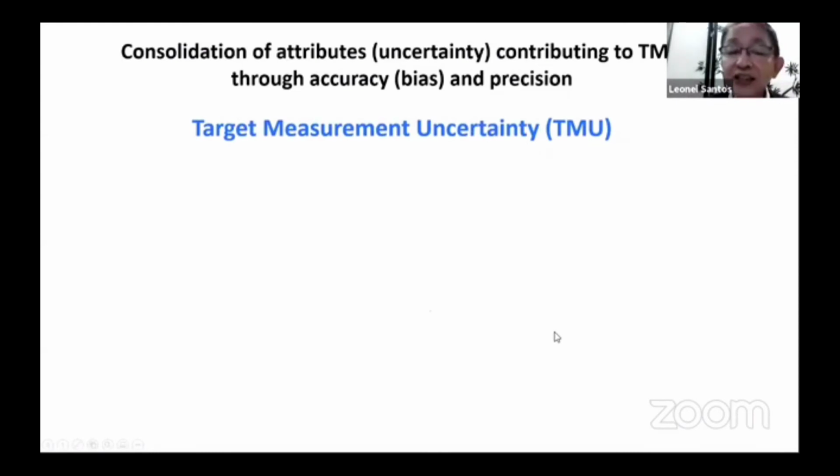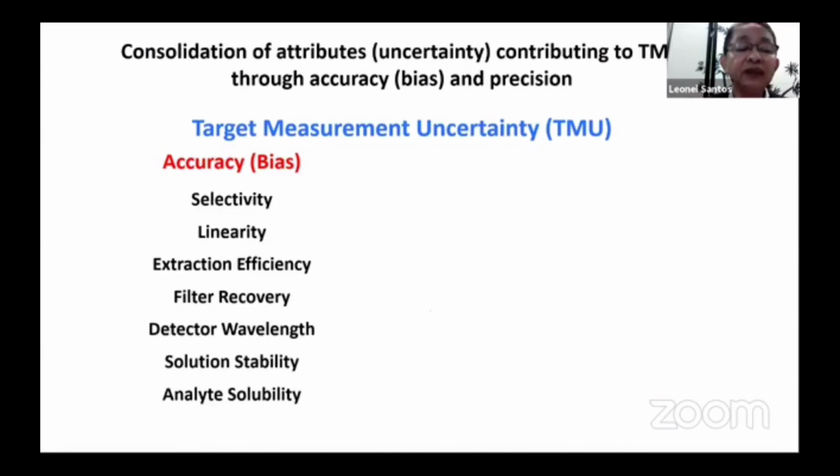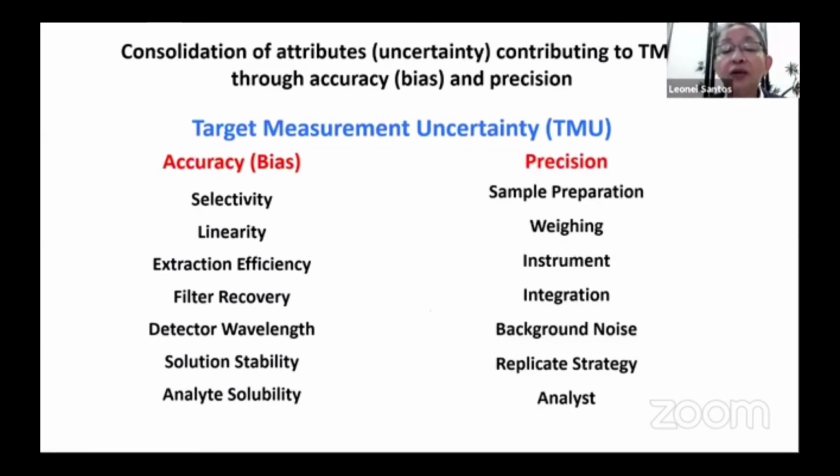In this next slide is a consolidation of attributes contributing to the TMU in terms of the accuracy and precision. So the list of accuracy is listed here. You have the selectivity, linearity, extraction efficiency, and everything else. Also in terms of precision, those that need to be considered would be sample preparation, weighing, instrument, integration, and so on and so forth.